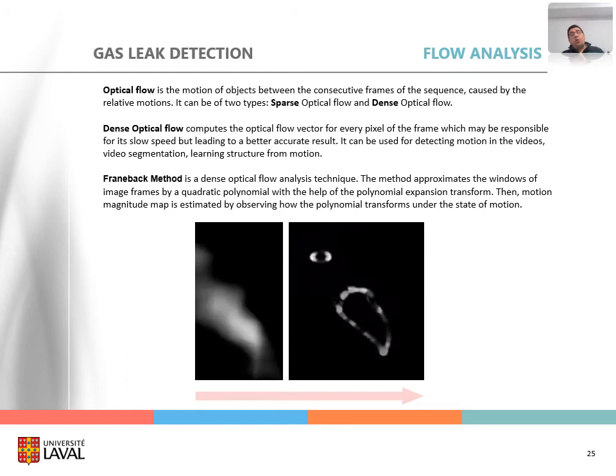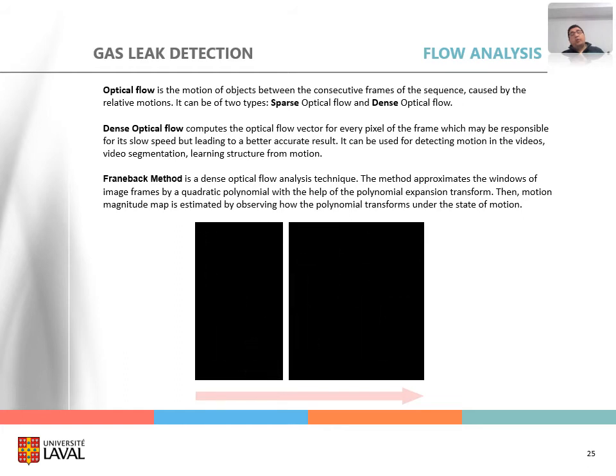Finally, we go to flow analysis, and we apply an optical flow analysis algorithm. Optical flow is the motion of objects between the consecutive frames of the sequence caused by the relative motions. It can be of two types: sparse optical flow and dense optical flow.